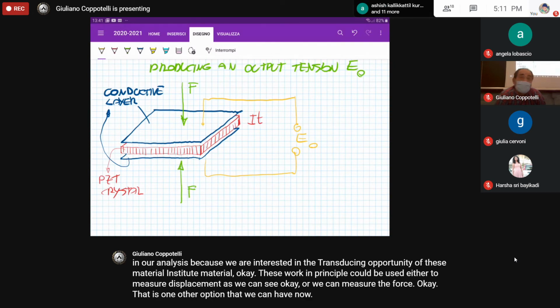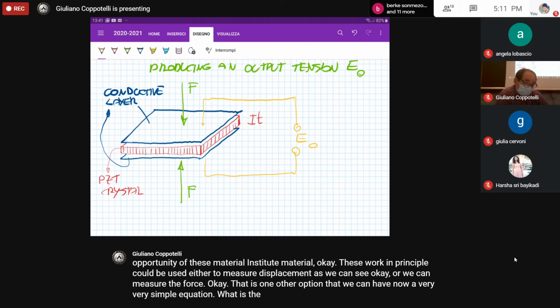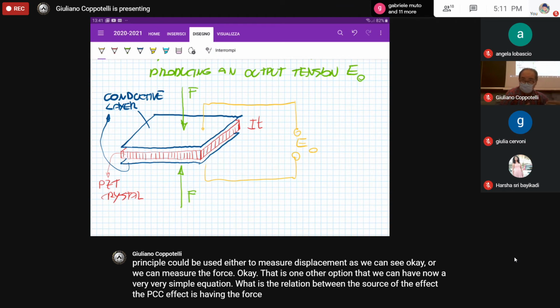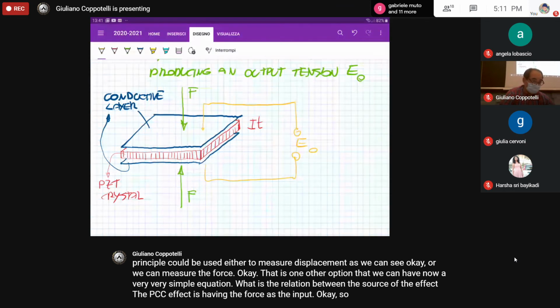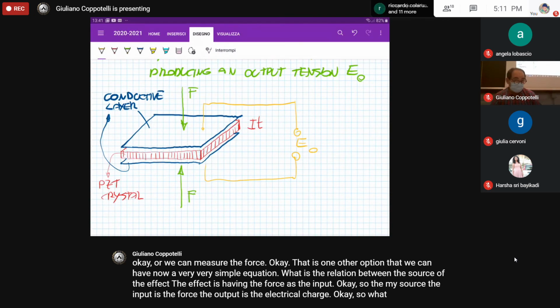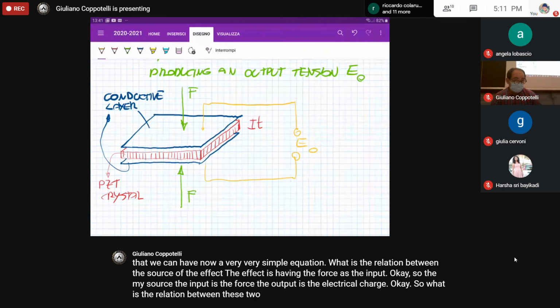Now, a very, very simple equation. What is the relation between the source of the effect? The PZT effect is having the force as the input. So my source, the input, is the force, the output is the electrical charge. So what is the relation between these two input-output quantities?